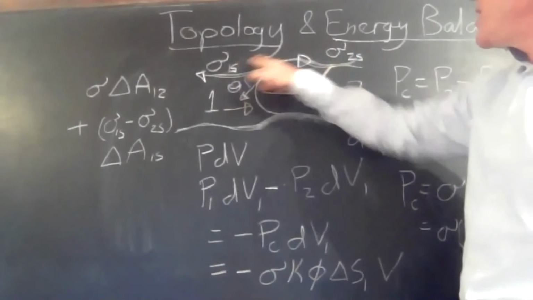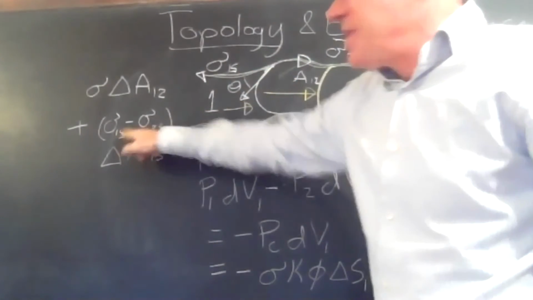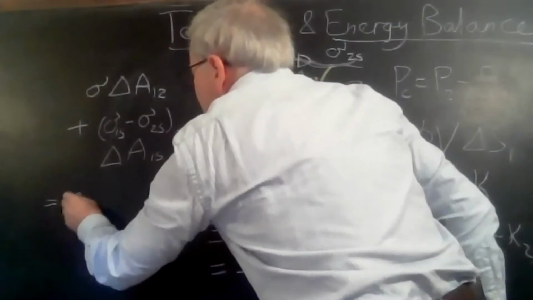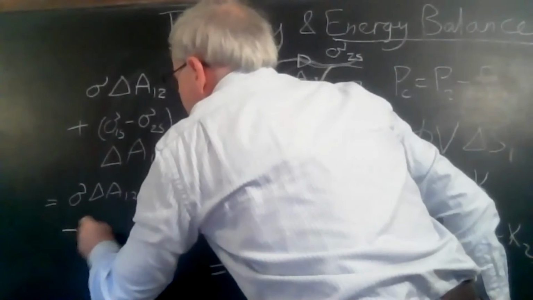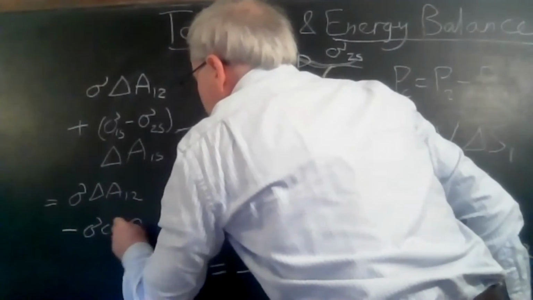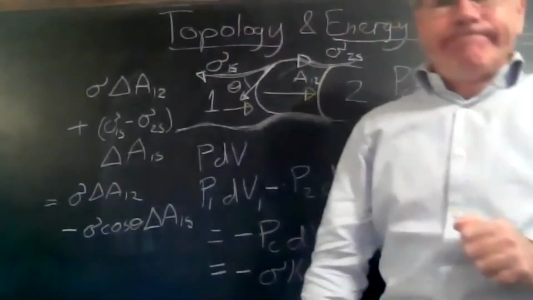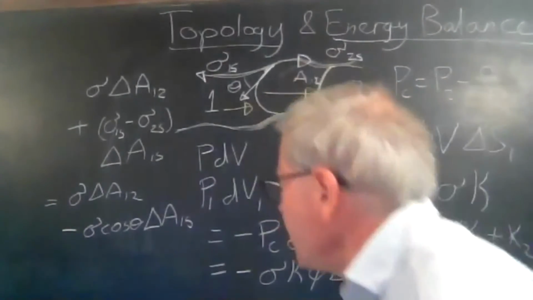So sigma 2s minus sigma 1s is sigma cos theta. This is the other way around. So this actually can be written as sigma delta A12 minus sigma cos theta delta A1s. This is looking good.